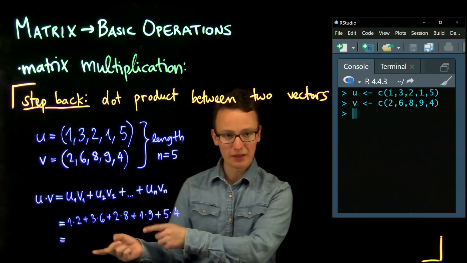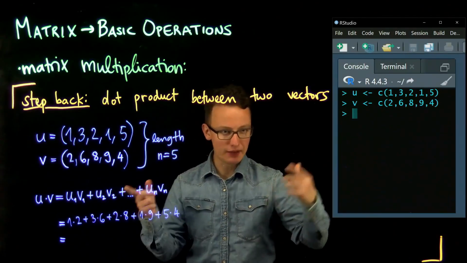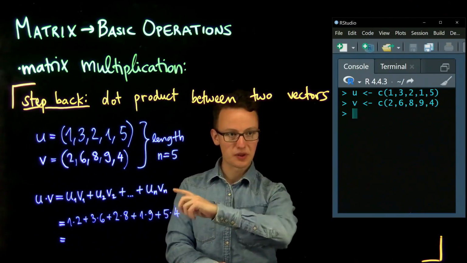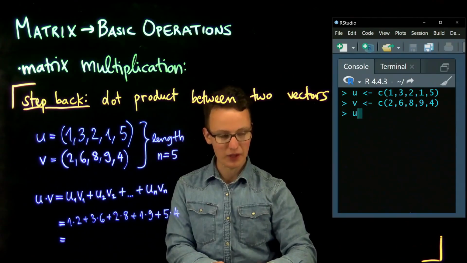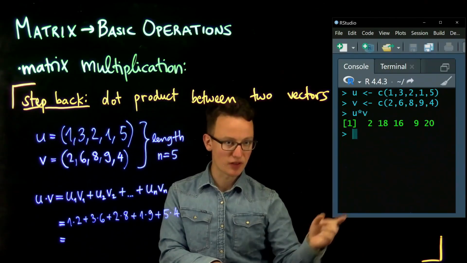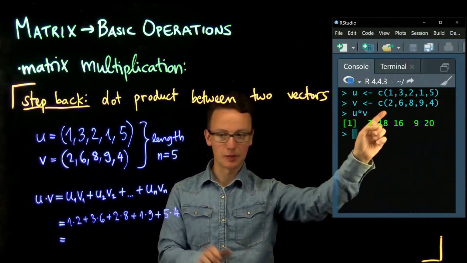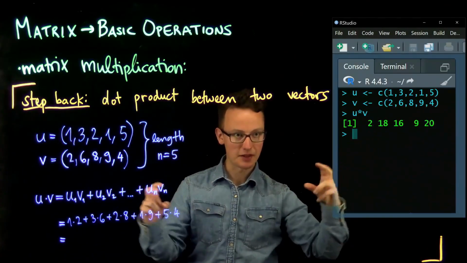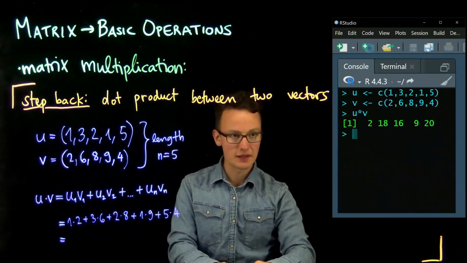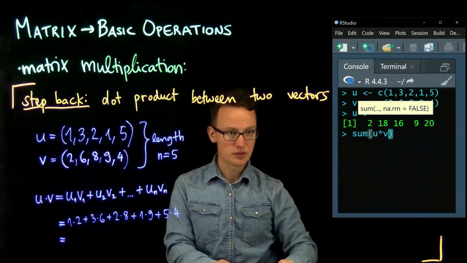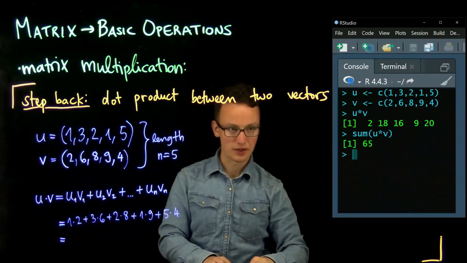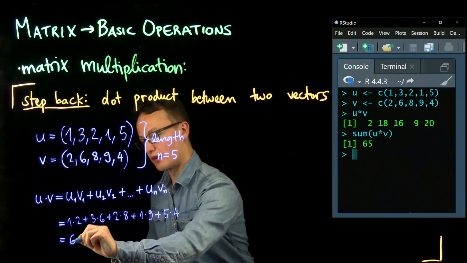We can obviously quickly finish this calculation by hand, but we can do this even quicker in R. Here I've already defined these vectors u and v, and I'm just going to say, what is u times v? That's just going to give me the element-wise multiplications, like this one and this one and this one and this one and this one, but separately in a new vector. So the only thing that's left to do is to take the sum of this result, and this will give me the result of this operation, which in this case will be 65 overall.